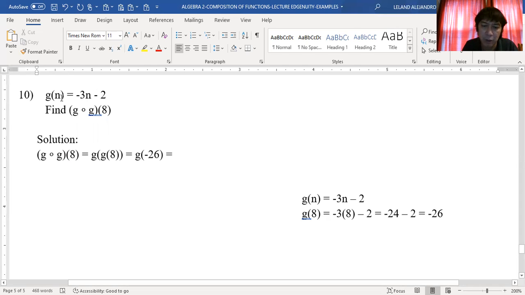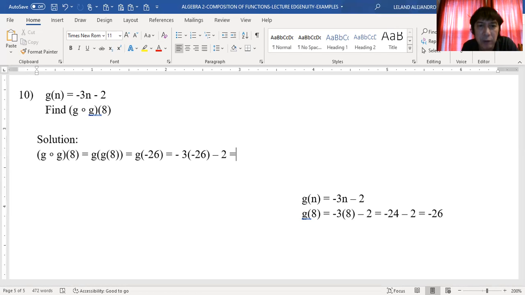So this will now be minus 3 times negative 26, minus 2. That's a positive number. Looks like 78. 3 times 6, 18, carry 1, 78. Then this will be minus 2. We have 76. So the final answer is 76.